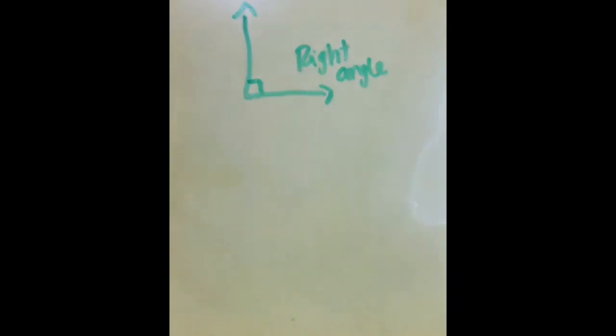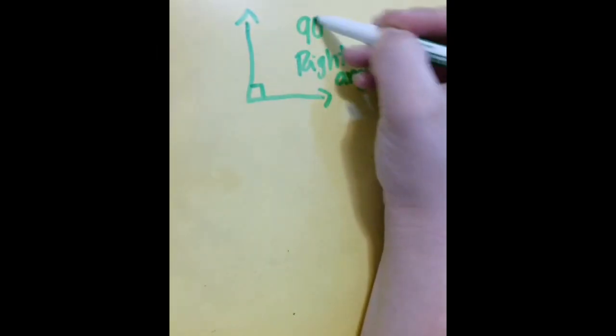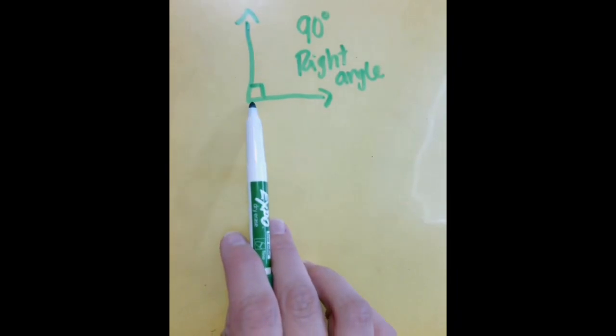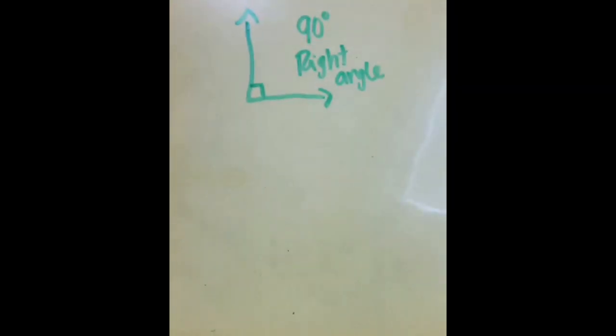Now, who knows how many degrees a right angle is? It is 90 degrees. So anytime you have a right angle, it is always 90 degrees. And most of the time, you're going to have this little symbol right here in the corner that will tell you, that's a giveaway, that it is a right angle.